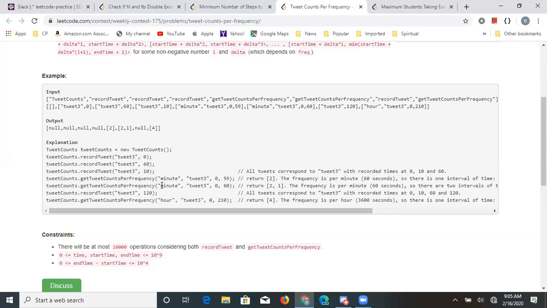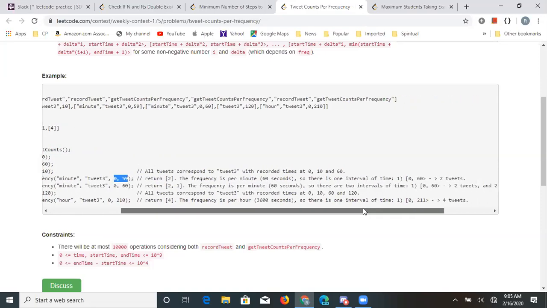So I will tell you why they are mentioning this minute. Now if they ask you for minutes here but the value is 0 to 60, then you are not returning 3 actually. You are returning 2 and 1. So you have 2 buckets of 1 minute here, from 0 to 59 and from 60 to 61.